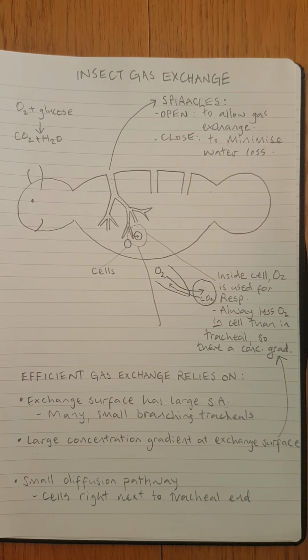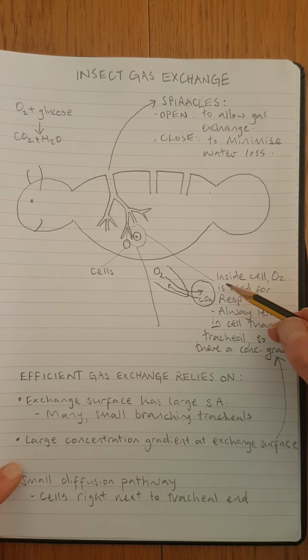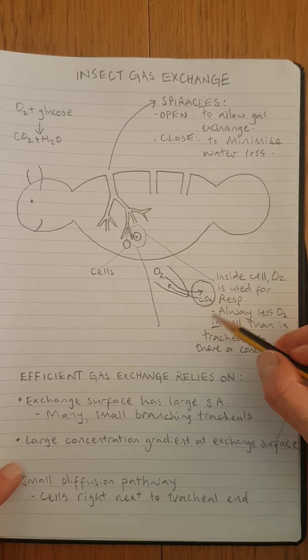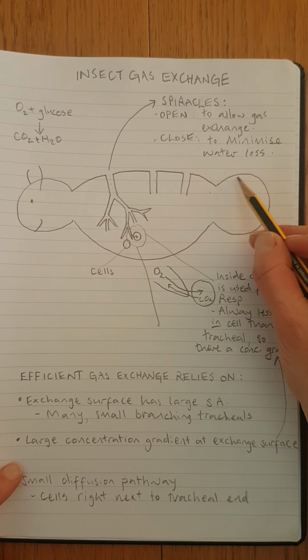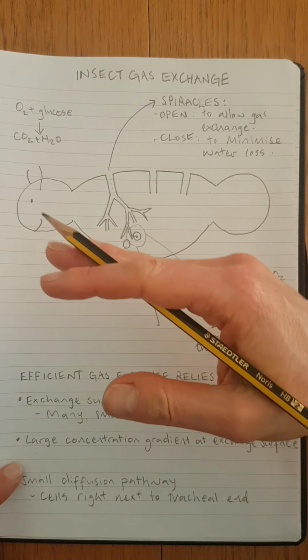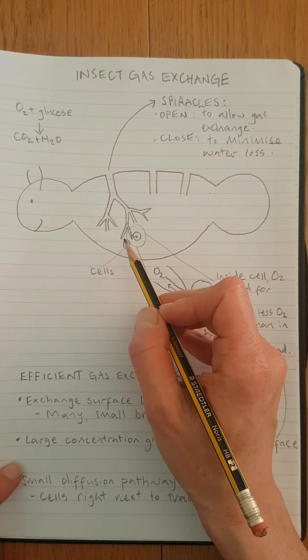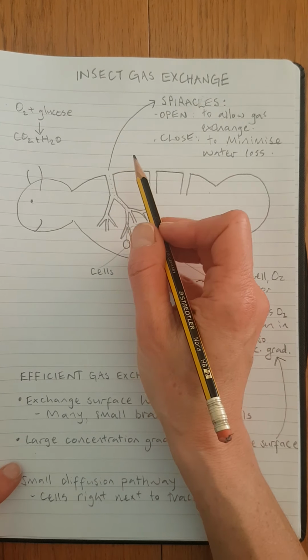Great. Okay, and the final thing to add about the large concentration gradient, as well as the oxygen being used up and the carbon dioxide being produced, is that in larger insects, this structure here, the abdomen, can actually move up and down, and that means that it can, in a way, ventilate, pull in new air and get rid of old air.